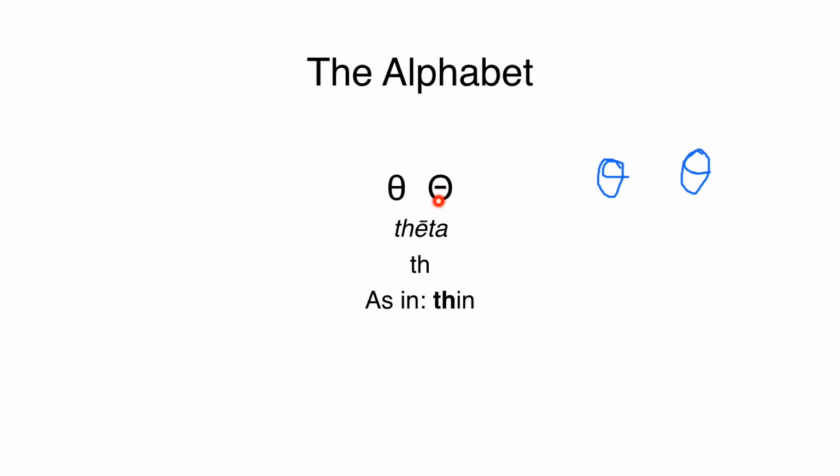Usually the O is a little wider and the line across does not necessarily connect to that O shape. This, in both pronunciation systems, is pronounced with a th sound, as in thin. So that's theta or theta.